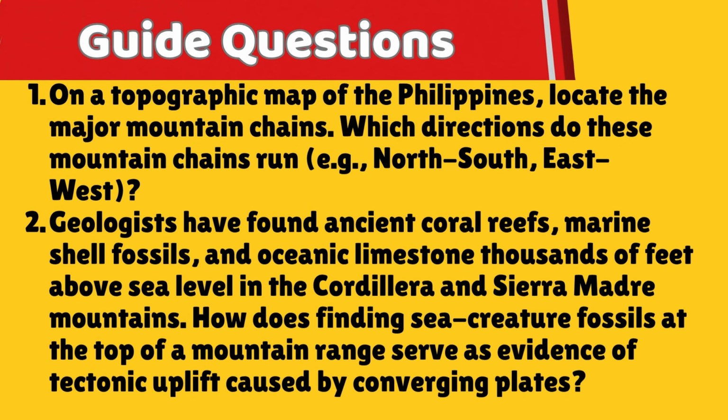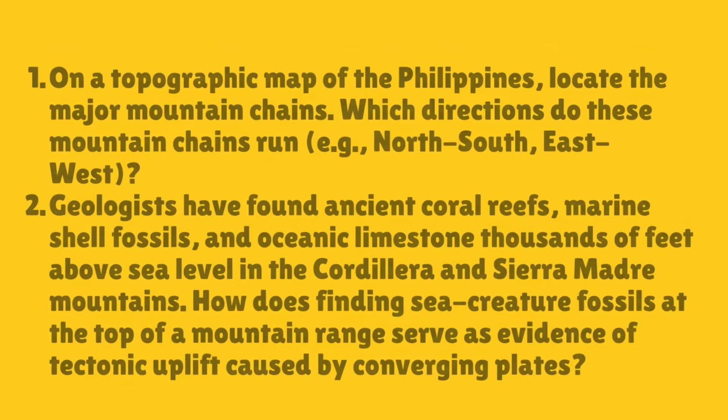Number 2: geologists have found ancient coral reefs, marine shell fossils, and oceanic limestone thousands of feet above sea level in the Cordillera and Sierra Madre Mountains. How does finding sea creature fossils at the top of a mountain range serve as evidence of tectonic uplift caused by converging plates?